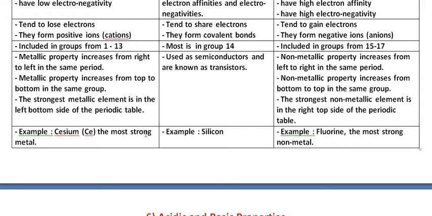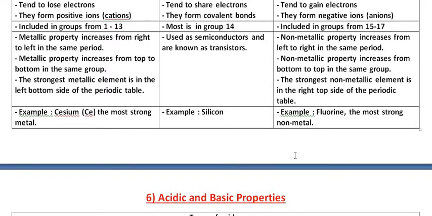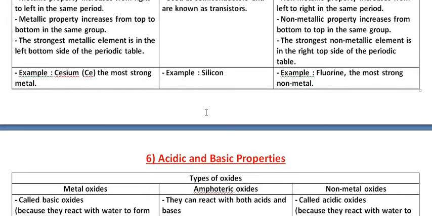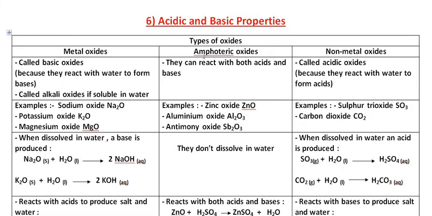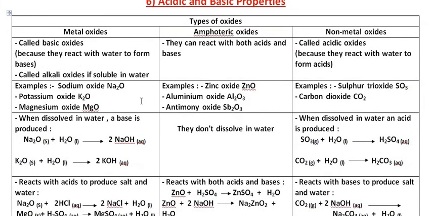Okay. Here is cesium, the strongest metal. Fluorine is the strongest non-metal. Silicon is an example for a metalloid.